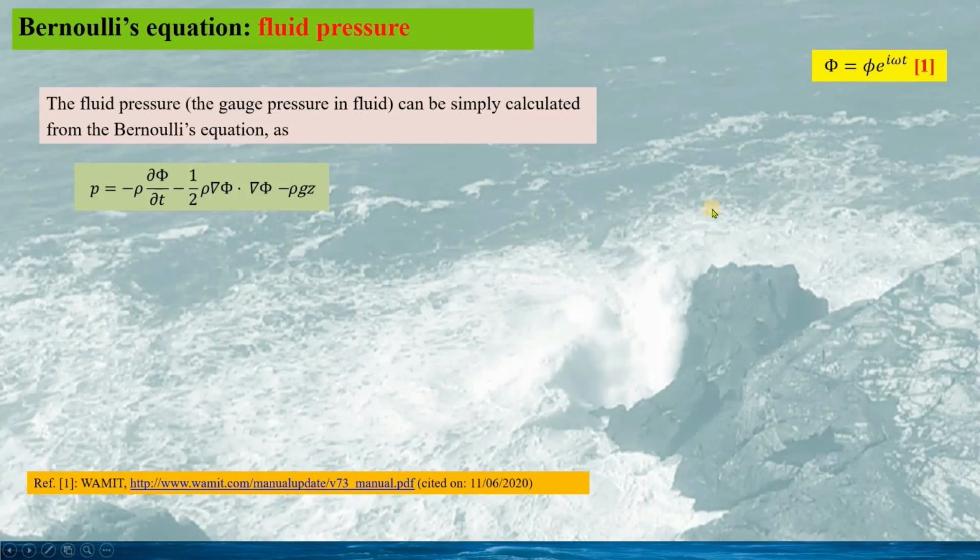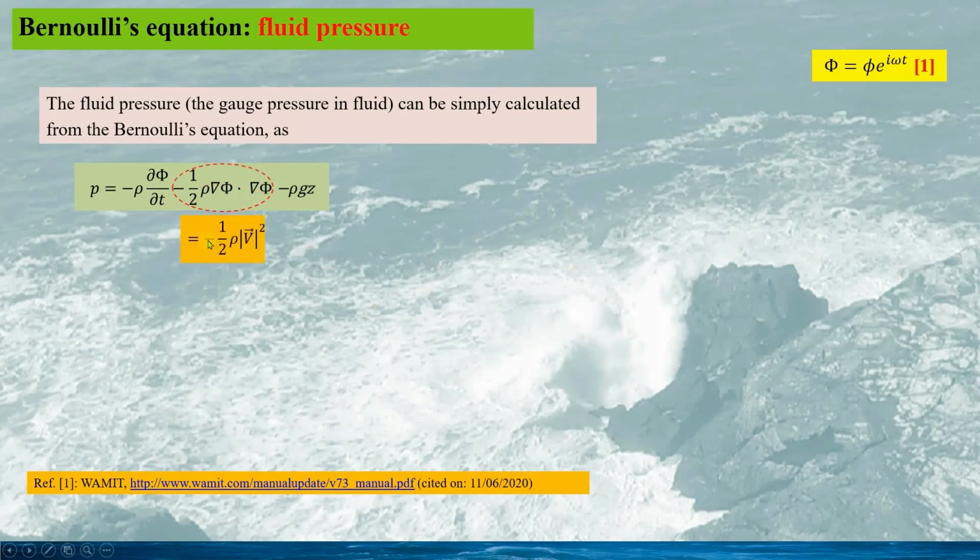It should be noted both exponents of i omega t and minus i omega t can be used, and the result should be same if the interpolations can be made correctly. So use the same exponent for the time factor as that in WAMIT. This will lead to the same equations as we have seen in WAMIT's manual.